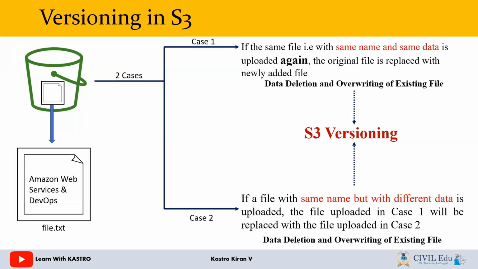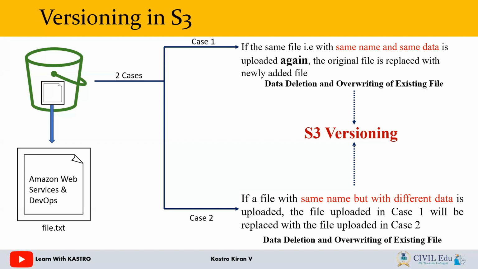Whenever we upload the file, it will get uploaded. But since person one has the same file name and you also have the same file name, whoever uploads the latest, only that file will be there, and the old file will not be there. So the data deletion and overwriting of the existing file will happen here.